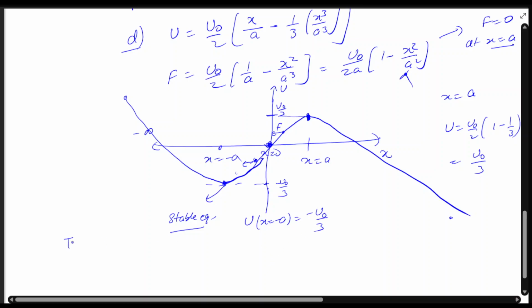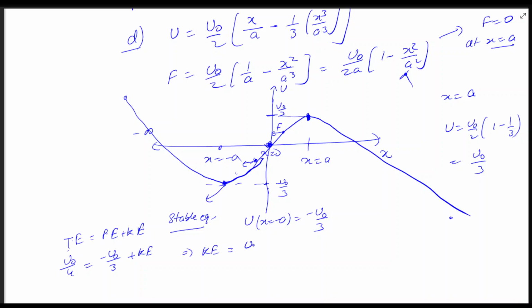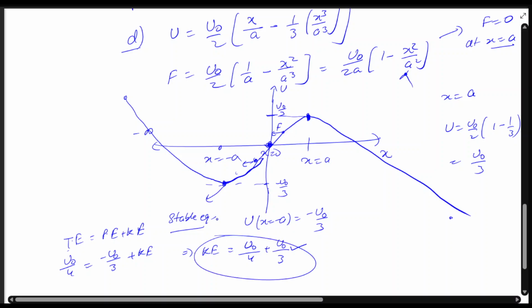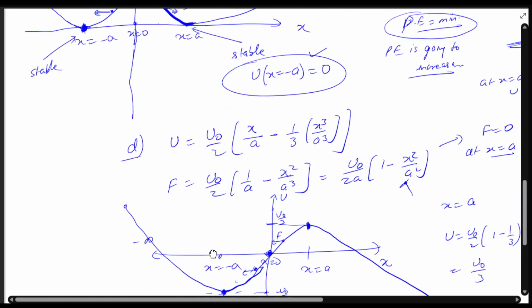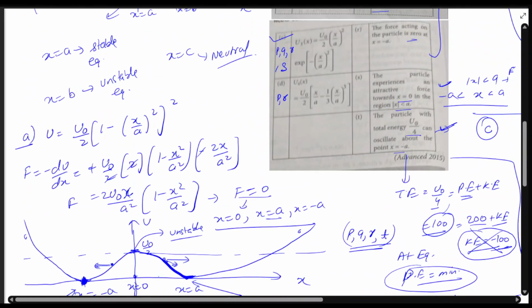So total energy is equal to potential energy plus kinetic energy, and we have total energy as U naught by 4, and this is minus U naught by 3 plus kinetic energy. So we will have kinetic energy will be positive, right? Which is fine. So hence it will oscillate about x equal to minus a. So for that, option D will be correct. So we have P, R, and T.